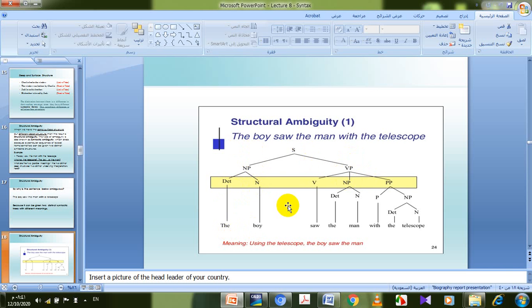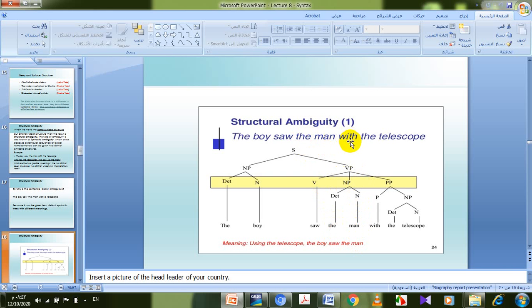Next we have the verb phrase, which has saw, a verb. Then the man with the telescope. The man is a noun phrase, which is subdivided into determiner, the, and noun, man.